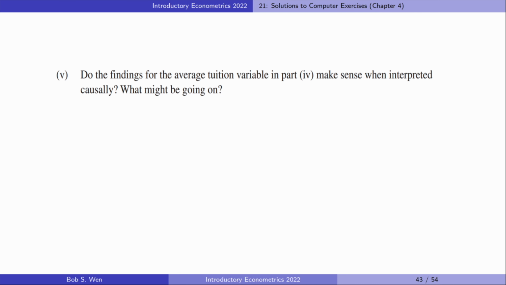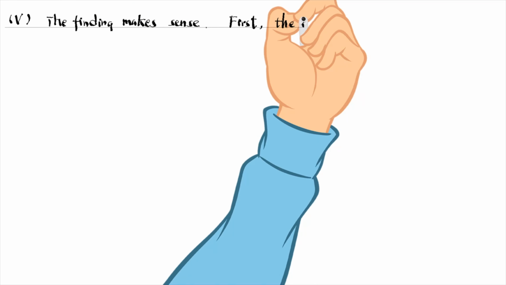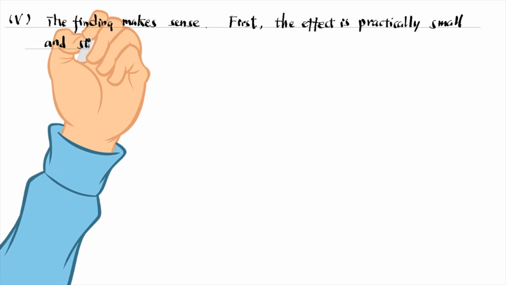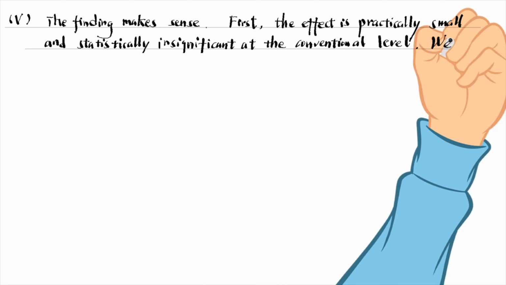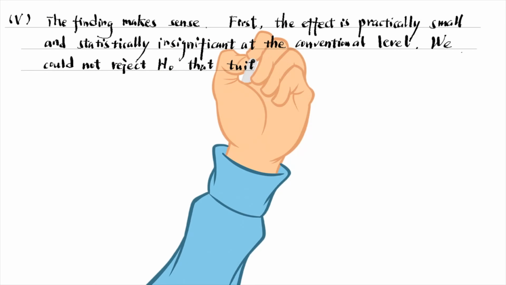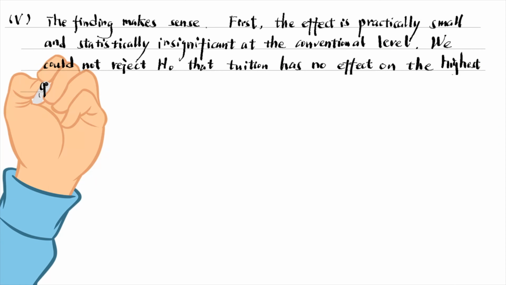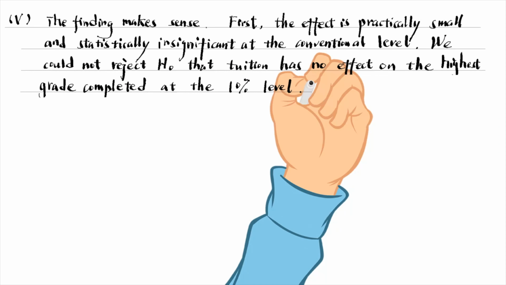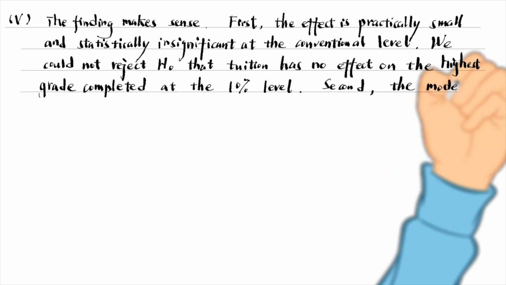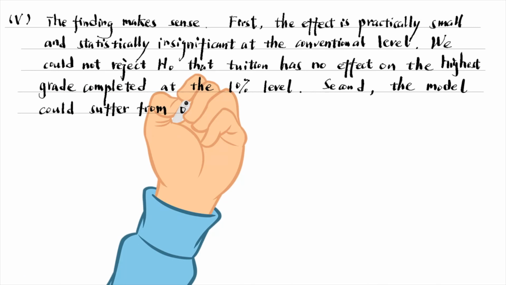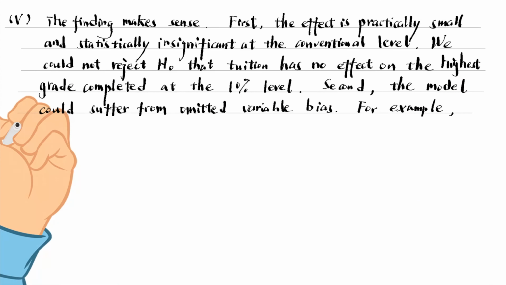First, the effect is economically small and statistically insignificant at the conventional level. We could not reject the null hypothesis that tuition has no effect on the highest grade completed at the 10% level. Second, the model could suffer from omitted variable bias.